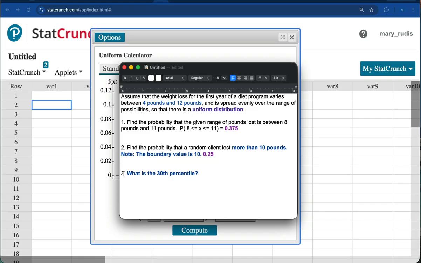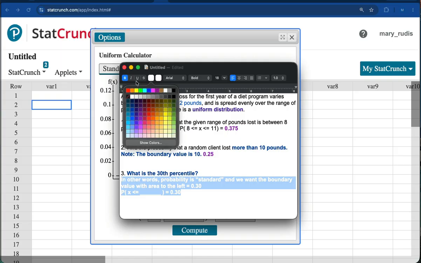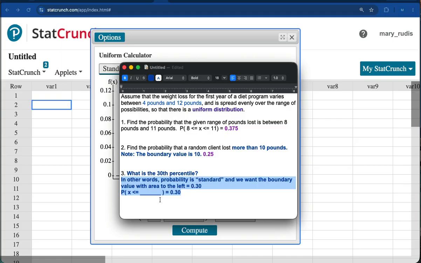The third question that I want to answer has to do with percentiles. So that's a cumulative probability. It's giving us the probability, and it wants to know the boundary value. That's an important distinction to make, and it's important that we note that here. The probability is standard because cumulative probabilities are the standard probability up to a certain point.